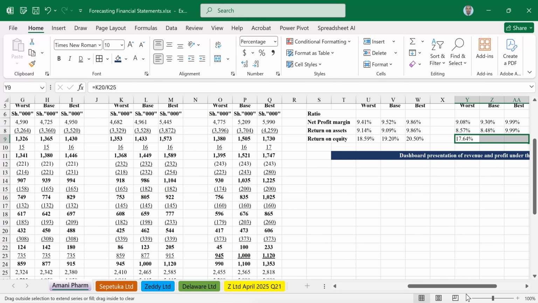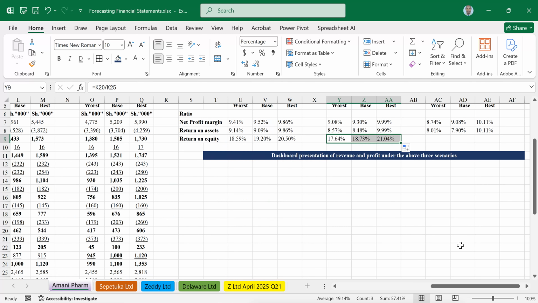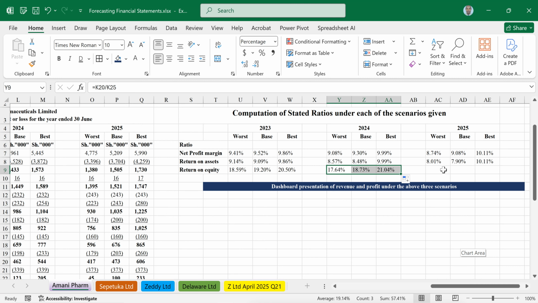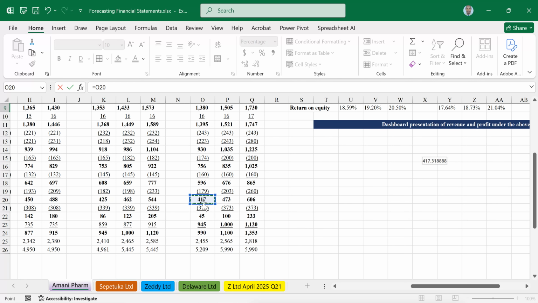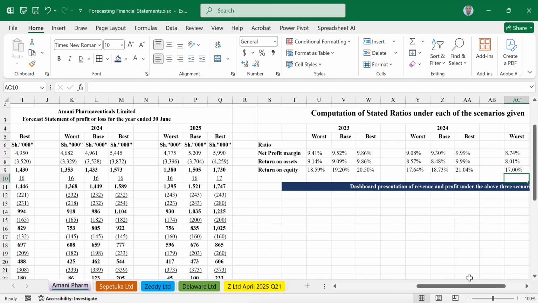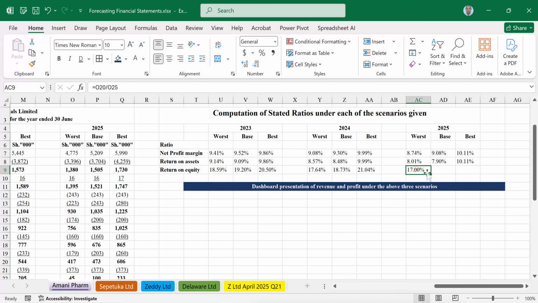Then finally, the last ratio for 2025, return on equity is net profit for the year over equity. So for 2025, 417, that is the profit for the year. Divide that with equity, which is 2455. And that gives us the final answers as given. So those were the ratios required.